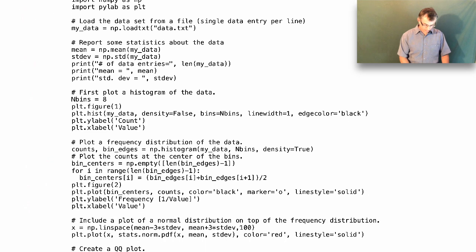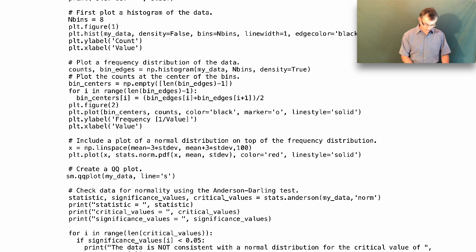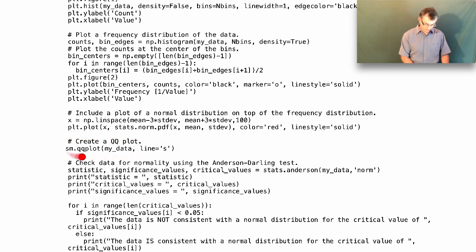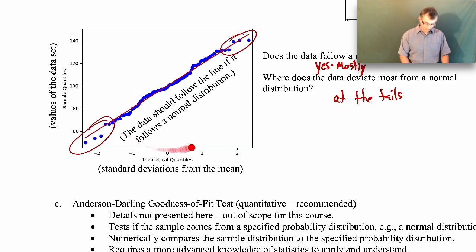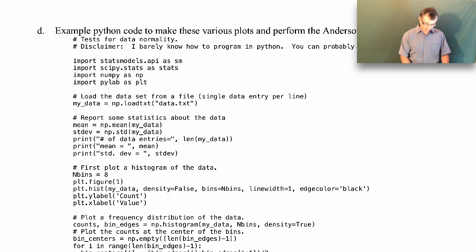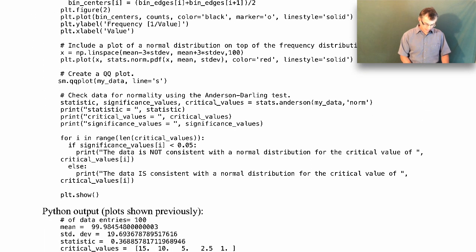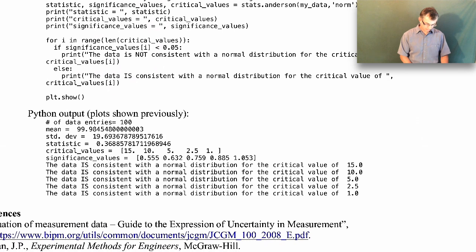And if you want to produce the QQ plot, that's just a simple command. QQ plot, and you put in your data, and that'll produce this plot here. And if you want to do the Anderson-Darling test, that's given down here, but that's more advanced. You don't have to worry about that. But if you run that code, this is the kind of information you'd get out of it.